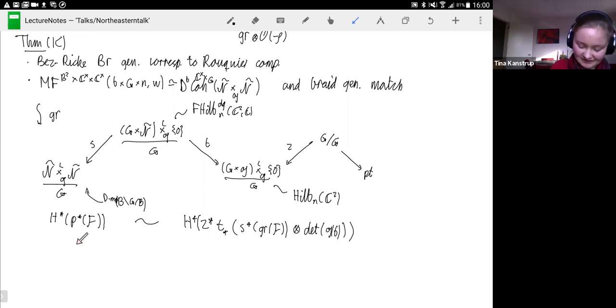So one of the things that I like about it, apart from being nice and canonical, is that this is a story that works in any type. So you can ask, what is the Hilbert scheme in any type supposed to be? Well, it's this derived fiber product. And if you don't like derived stacks, you can just take the projective GIT quotient with the character being the determinant to the minus first.